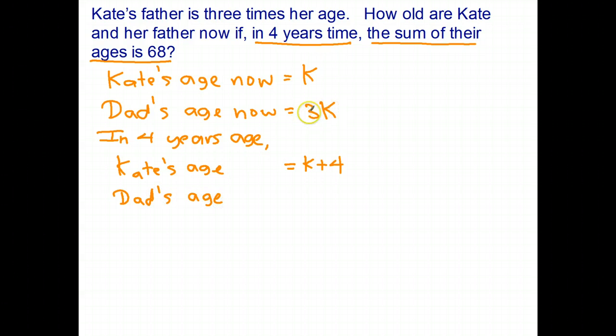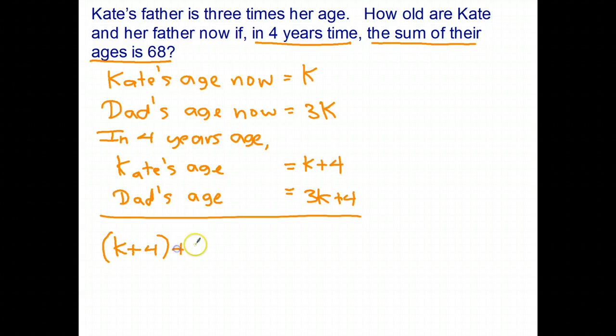We just add 4 on to his current age, which is 3K plus 4. And we know that these two expressions, their age in 4 years' time, add to 68. So now we can get the equation. K plus 4, that's Kate's age in 4 years' time, plus 3K plus 4, which is her dad's age in 4 years' time, adds to 68.